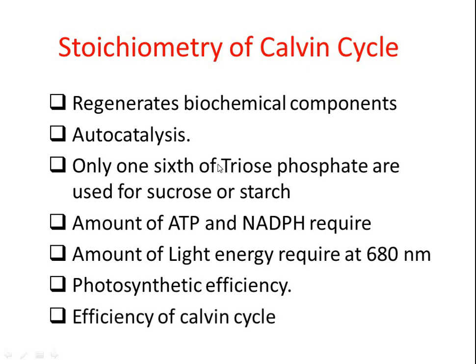We can calculate the efficiency of the Calvin cycle more directly by computing the changes in free energy associated with the hydrolysis of ATP and the oxidation of NADPH, which are 29 and 217 kilojoules, that is 7 and 52 kilocalories per mole respectively.